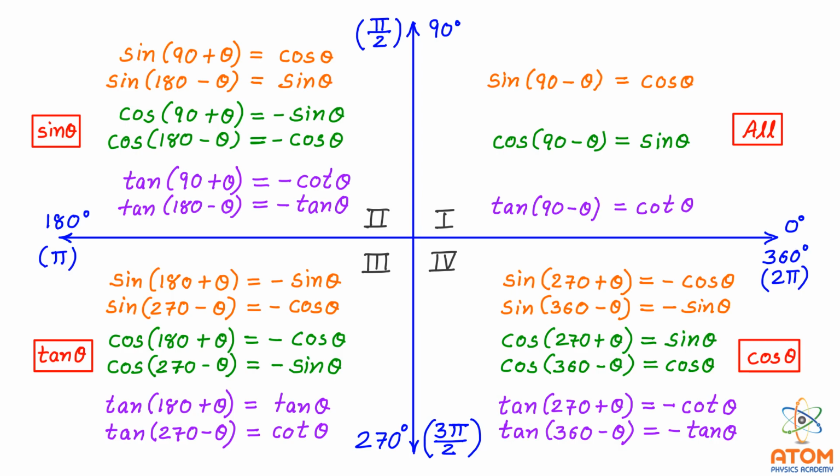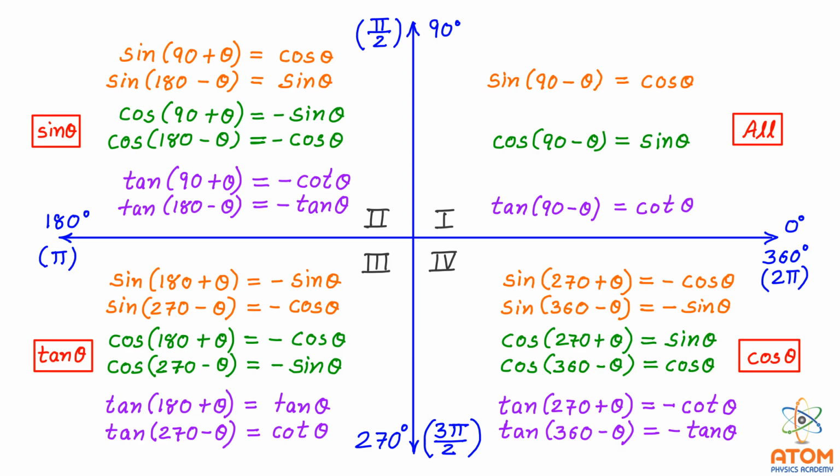Another important thing: because in the first quadrant all the functions are positive, the answer of sin or cos or tan will always be positive. You can see all of these answers are positive. In the second quadrant only sin is positive. So you can see here that the answer of sin is positive, but the answer of cos and the answer of tan is negative.